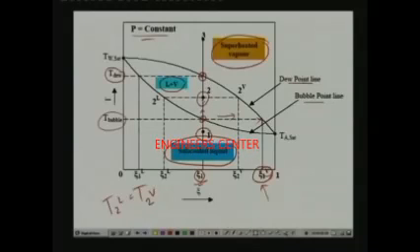The concentration can easily be obtained if you draw this temperature line. Where this line intersects the bubble point line, that will give you the concentration of liquid. And where this constant temperature line intersects the dew point line, that will give you the vapor phase concentration. By using this you can easily find the concentration in the different phases.